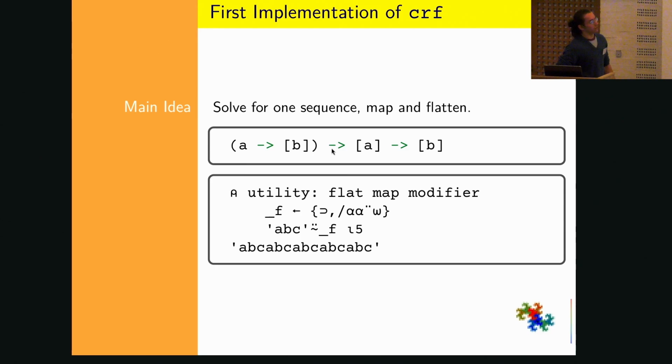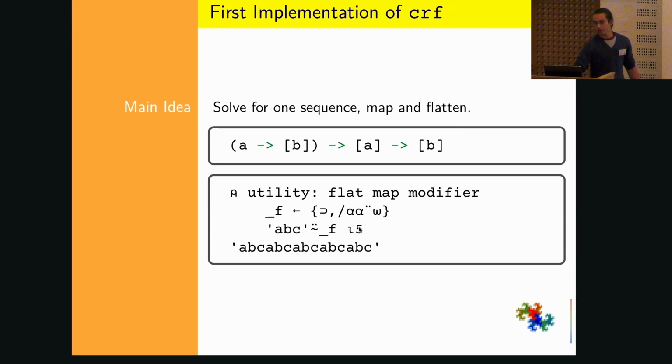Then this type signature basically says that if we have one of these, and we have a sequence of things of type A, then applying the derived function will give us something of type B, sequence of B. Right. So in APL, the implementation of this is quite simple.